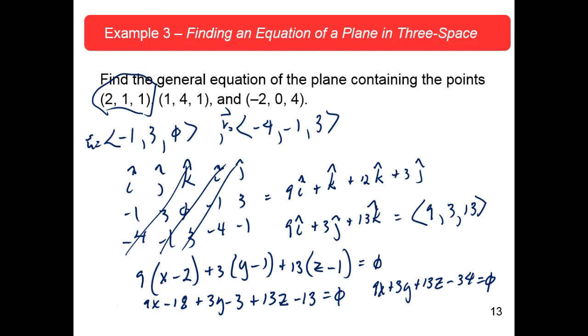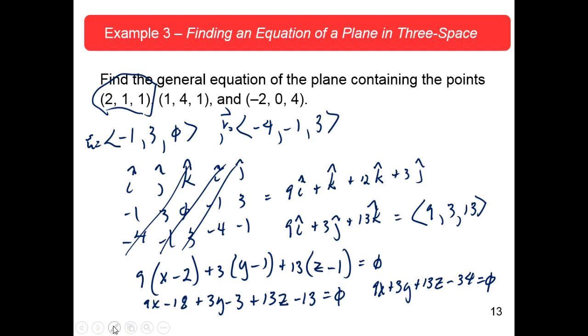Now, frankly, I just prefer to write this 9x plus 3y plus 13z is equal to 34. Let's move it to the other side. But they like to have it on this side. It doesn't really matter. Same equation. All right? That's how we did it. I hope I did it right.